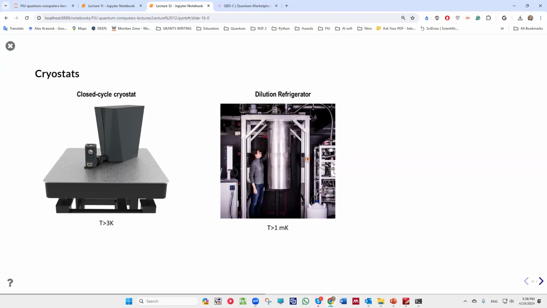This is exactly the one we have here at FIU in my lab. This closed cycle cryostat provides us temperatures as low as 3 Kelvin. So we can cool down the materials to 3 Kelvin and then investigate them through different approaches.